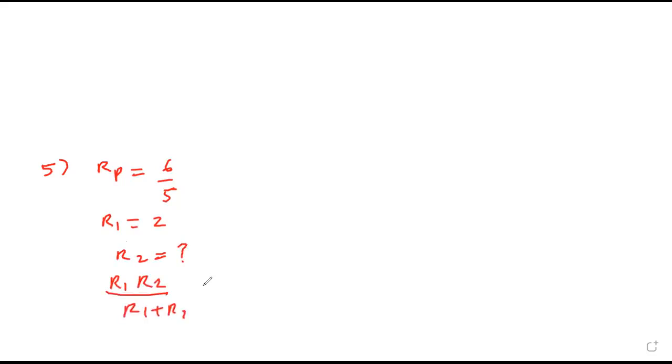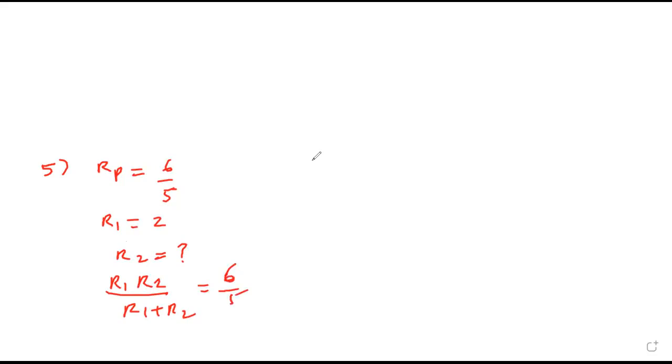equivalent resistance of two wires in parallel is 6 upon 5. If resistance of one of the wires is 2, what is the resistance of the other wire? For two resistances in parallel, we know product upon sum is their equivalent.